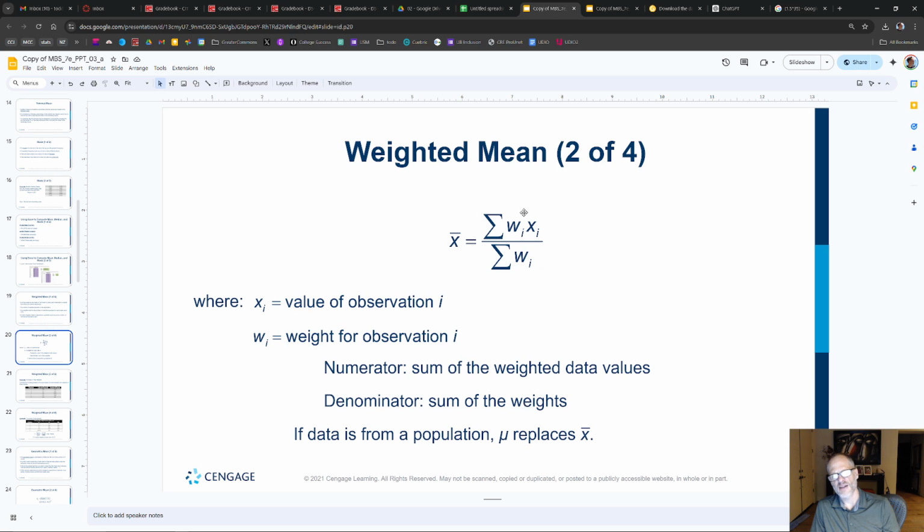Up here we have price per pound and the amount of beans. We want to know ultimately how much did we pay, what's the price. So the weight would be how much weight we bought: 2 pounds, 3 pounds, 5 pounds, and this would be the price we paid.